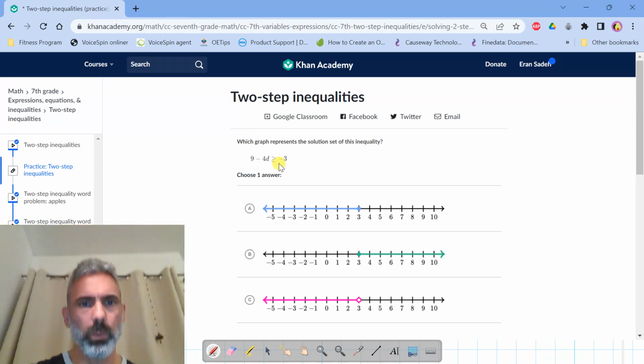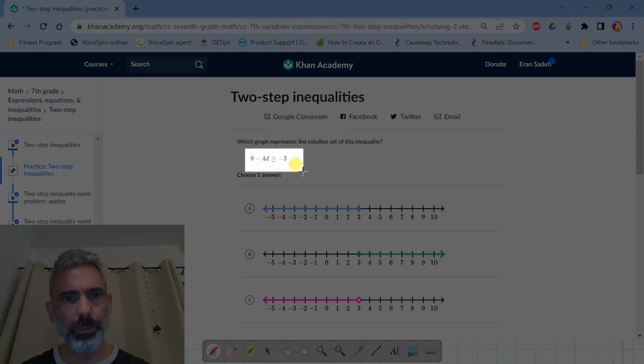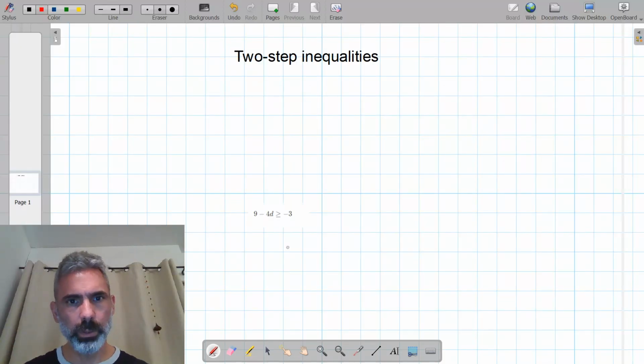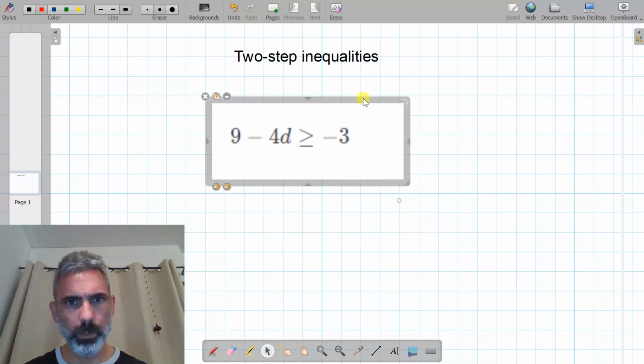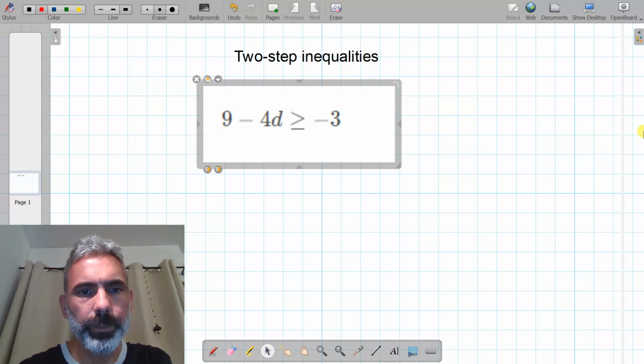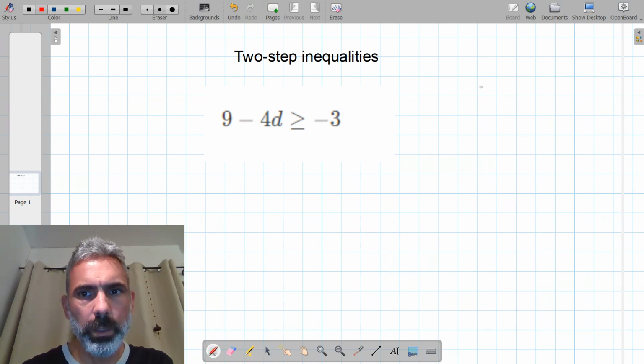Okay, so first we need to simplify this inequality. So let me copy it to the board. So 9 minus 4d, greater than or equal to minus 3, I will first subtract 9 from both sides of the equation.